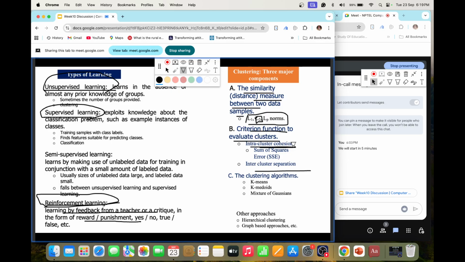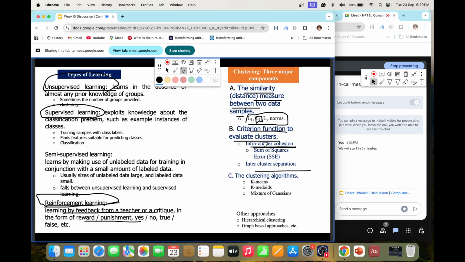Intra-cluster cohesion means that within the cluster, the members should be very close to each other. Inter-cluster separation means that if we compare two members in two different clusters, they should be separated by as much distance as possible.